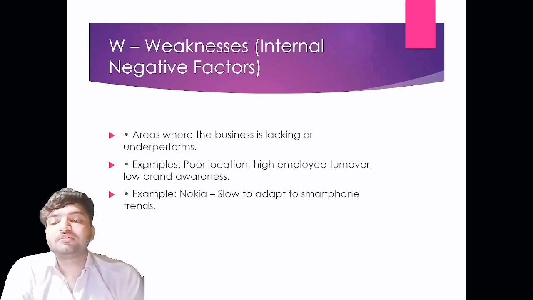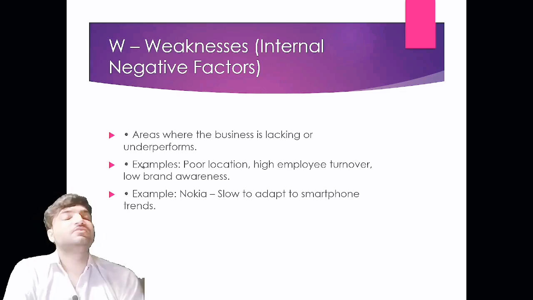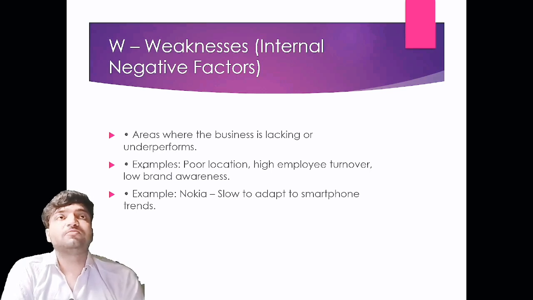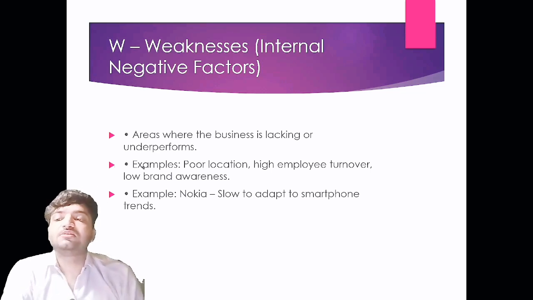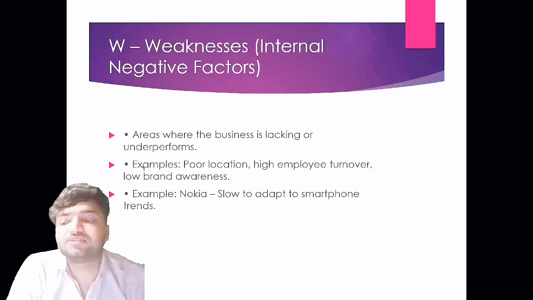So it all results in high employee turnover. The company has to spend heavily on new recruitments, and many of the employees will resign from the organization. So this all contributes to the internal negative factors, which are the weaknesses of the organization.